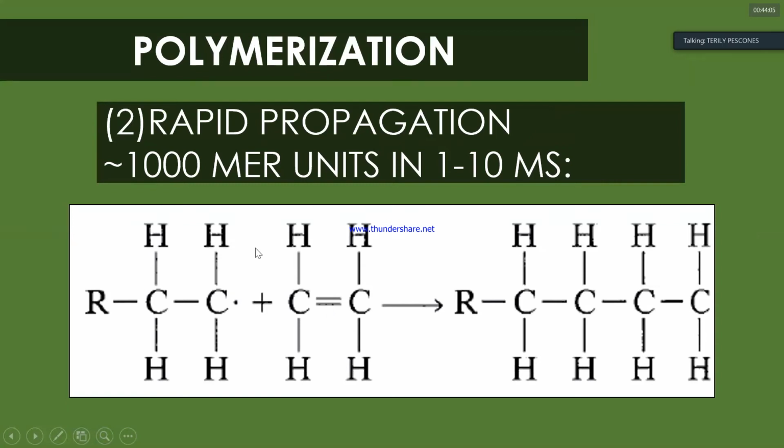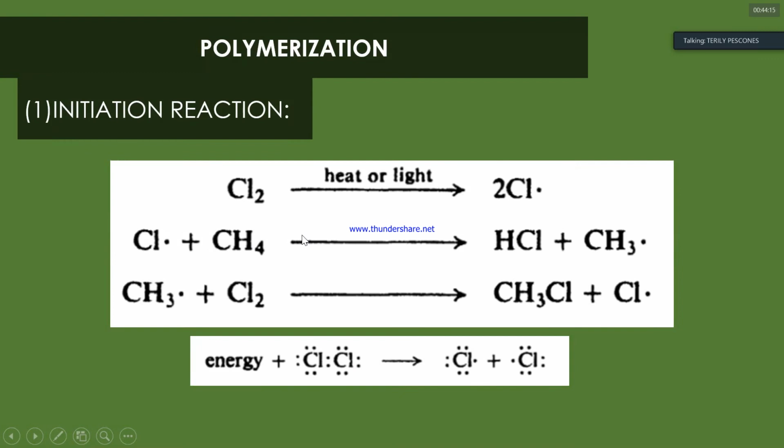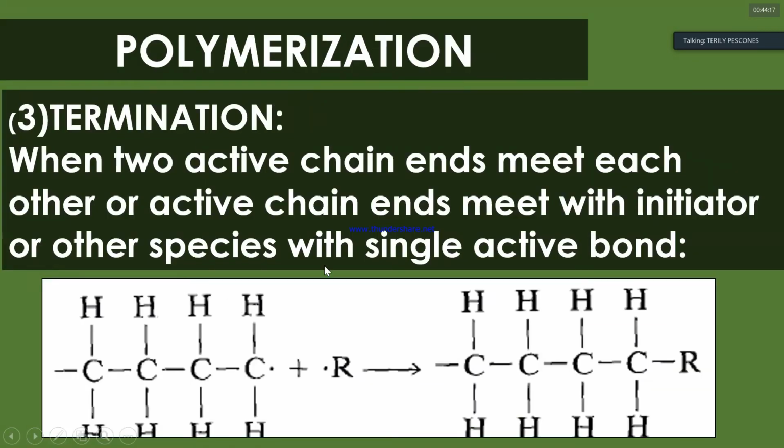That will produce, let's say, a long chain of mer units. Then the last one is termination. Kung merong dalawang radical containing an odd electron na mag-combine, then that will be the termination. So, ano yun dito sa polymerization? We have the initiation, propagation, and termination.